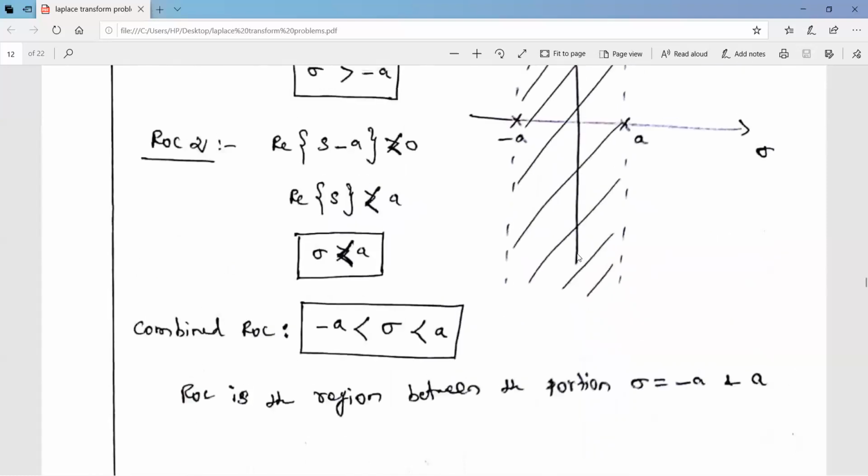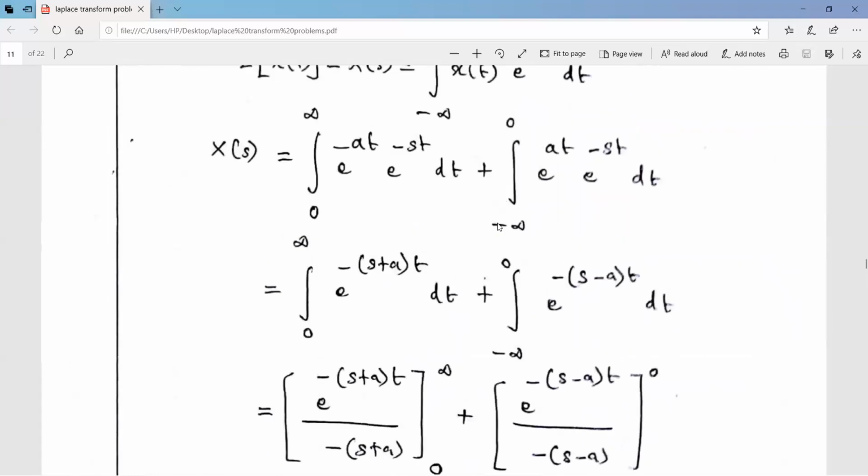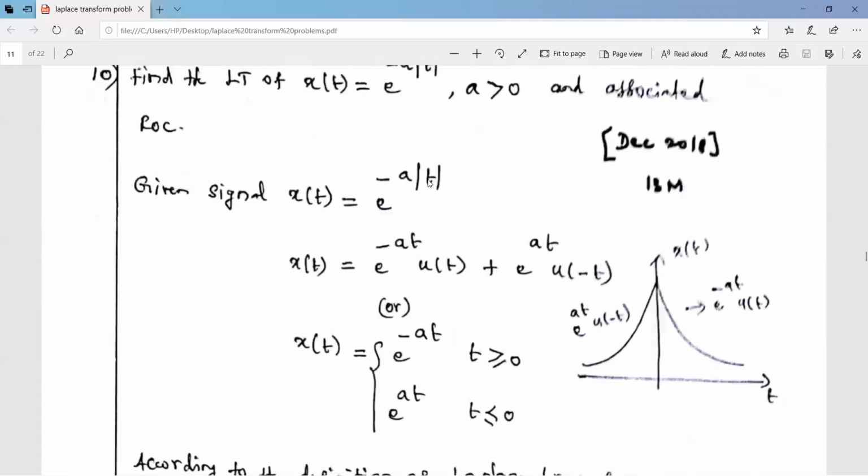If the given signal is a causal signal, the ROC is a right-sided portion. If the given signal is an anti-causal signal, the ROC is a left-sided portion. But in the given problem, e power minus a modulus t, this part is causal and this part is anti-causal, so the signal is a two-sided signal.